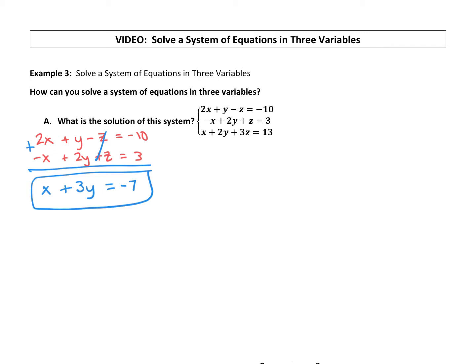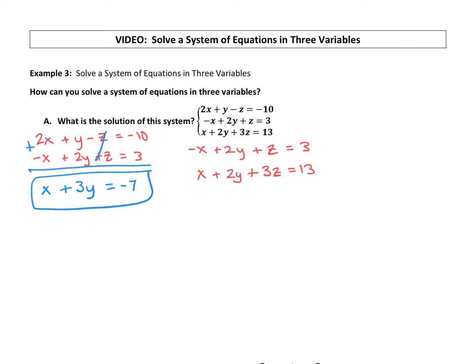So I might just grab the second 2 equations. This negative x plus 2y plus z equals 3, and x plus 2y plus 3z equals 13. Okay, so because I chose to eliminate z's originally, and I have an equation with just an x and y, I have to do that same thing over here.